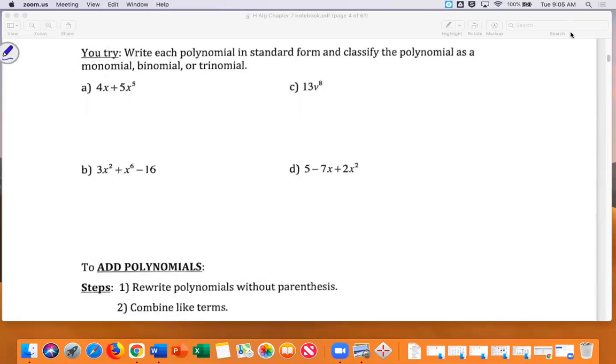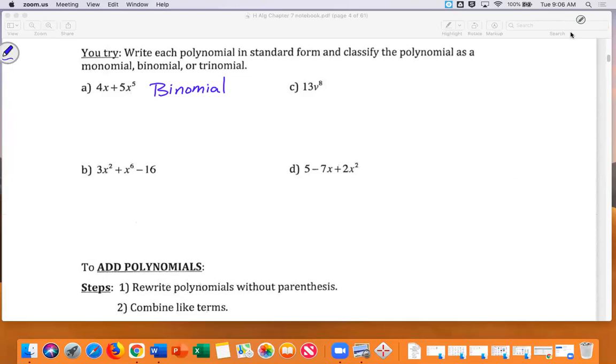All right, here we go. Ryan. A. Monomial, binomial, or trinomial? Binomial. Ryan, what's the degree? All right, Ryan, I'll make it easier.